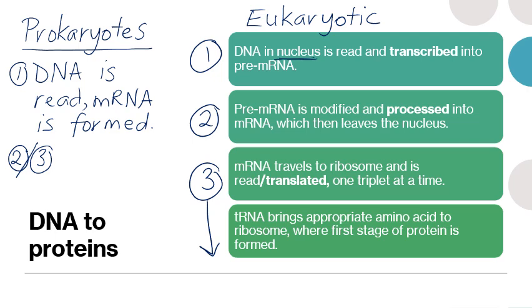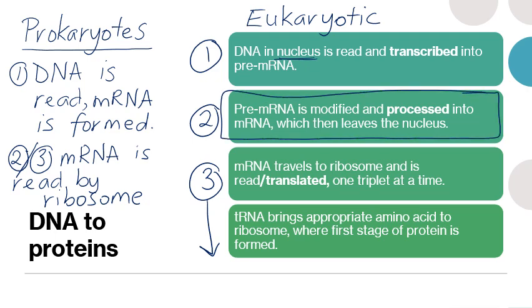So we skip step 2. We have a new step 2. The mRNA is read by a ribosome. So you need to know that this step here, the processing of mRNA, doesn't happen in prokaryotes, only in eukaryotes.